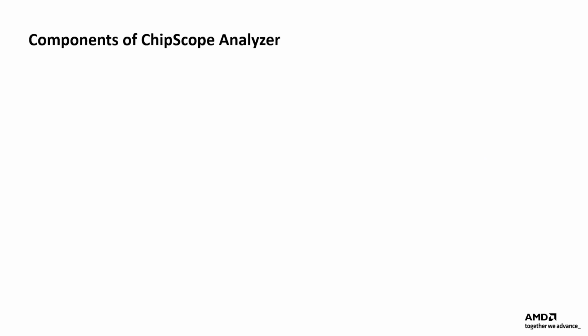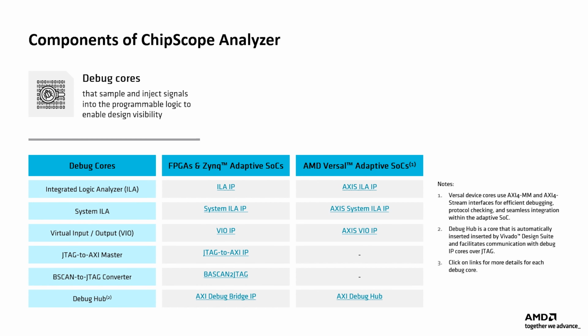The Vivado ChipScope is comprised of two basic items: debug cores that sample and inject signals into the programmable logic to enable design visibility without obstructing design functionality.